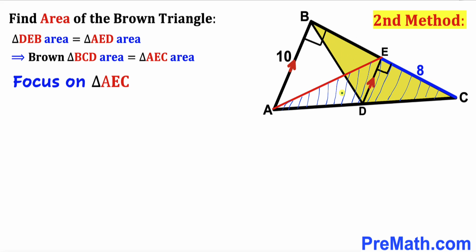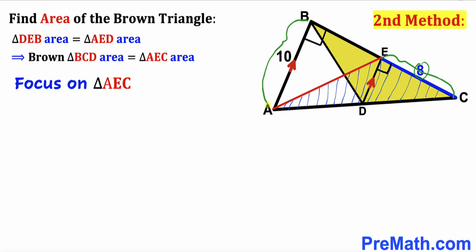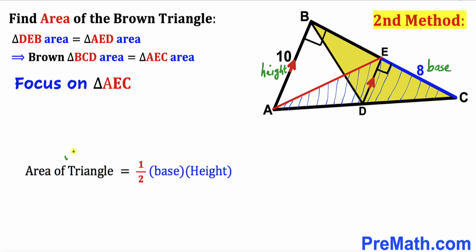And now let's focus on this triangle AEC once again. We can see its base is this 8, and the height of this triangle is this whole length 10. So let's recall the area of a triangle formula once again. Area equals a half times base times height.